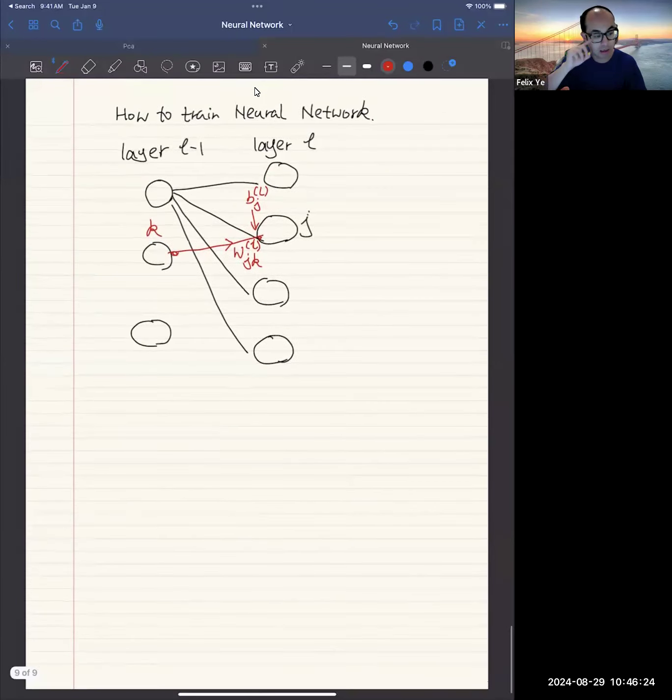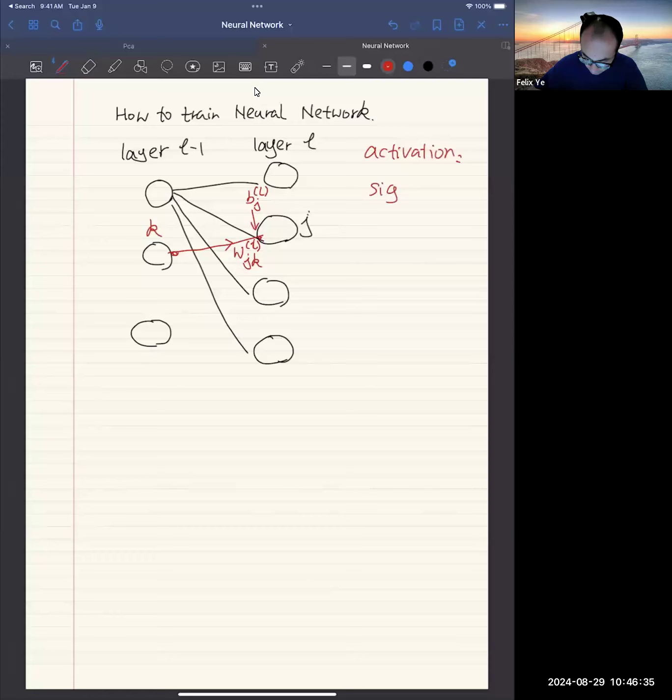So in short, my activation function is the sigmoid throughout the whole network, even for the output layer. And the loss I'm going to use is log loss. What does that mean?